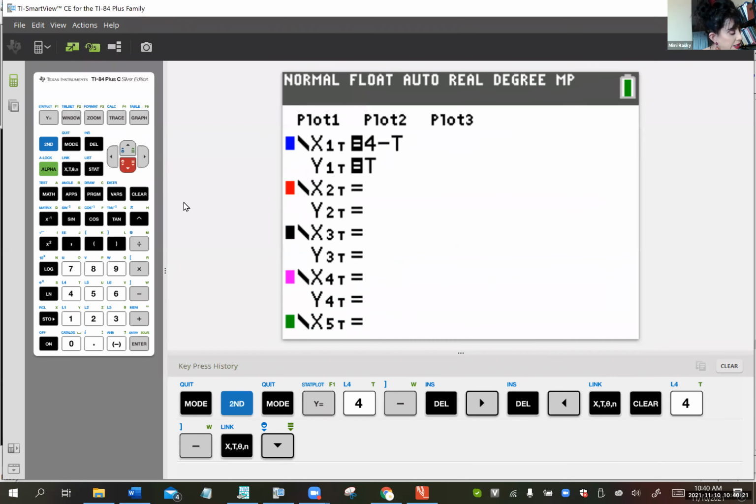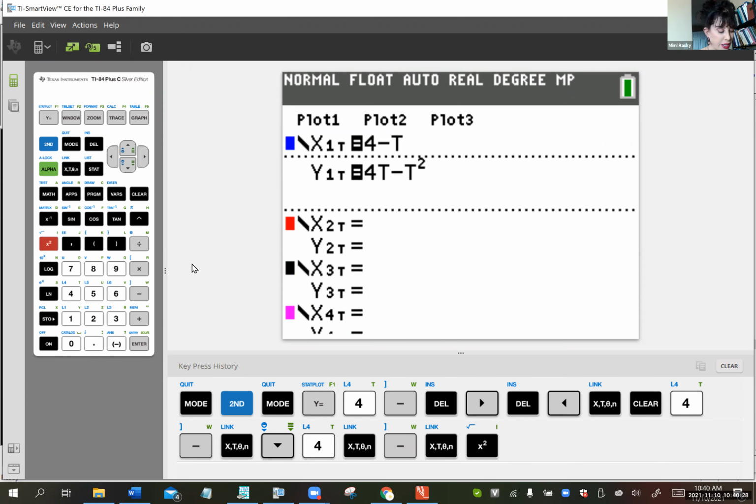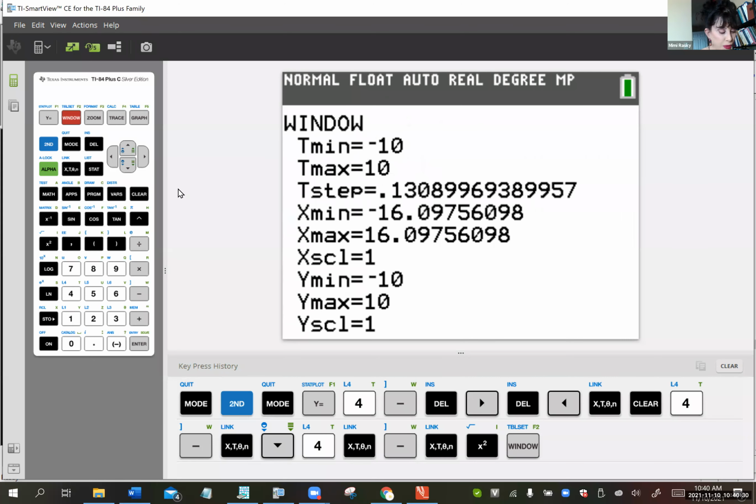The y component is 4t minus t squared. Okay, cool. Go to your window. They only want t going from 0 seconds up to 3 seconds for this particular line integral. And then graph it. Hopefully everything works out.